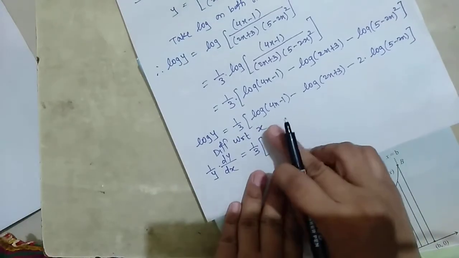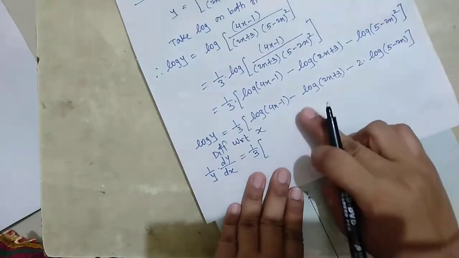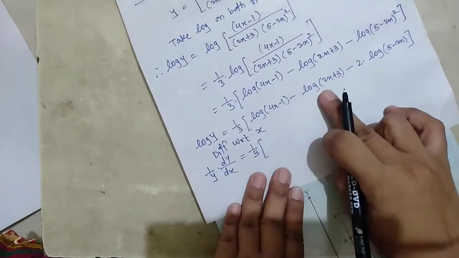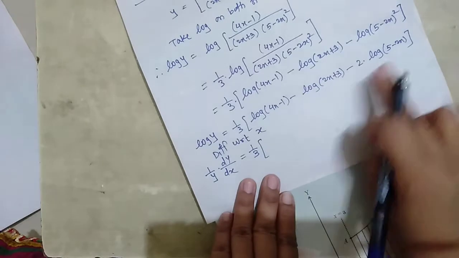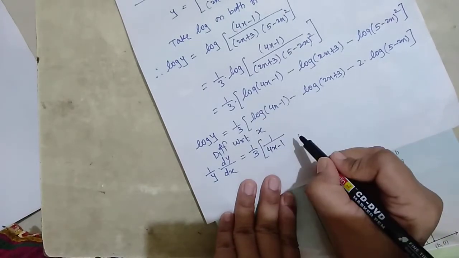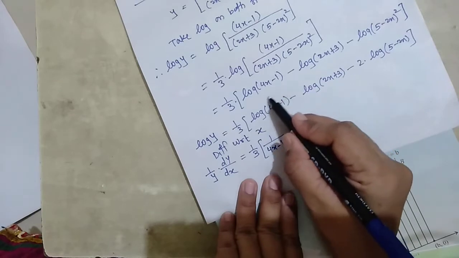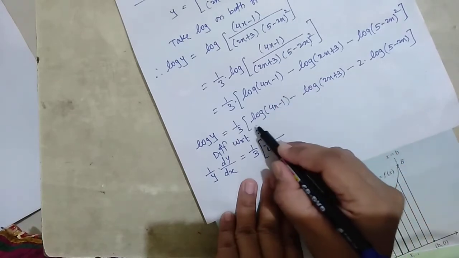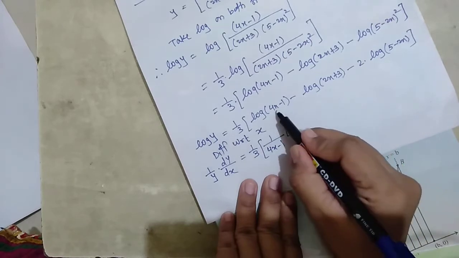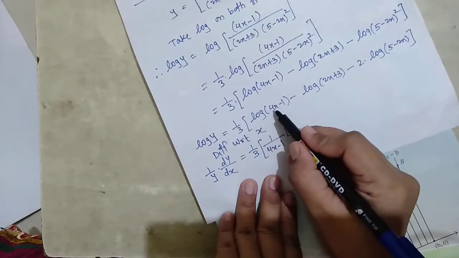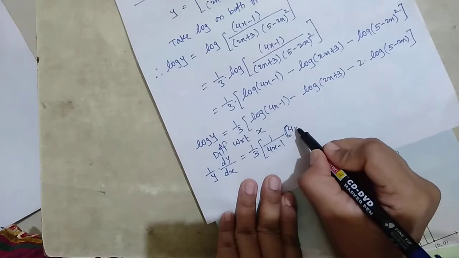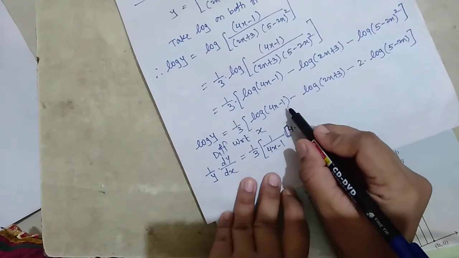See, if you see here, these are the three terms, and in all three terms there is a minus sign. So we will apply the derivative to all the three terms separately. So derivative of log is 1 upon 4x minus 1 into derivative of 4x minus 1. So derivative of 4x is 4 into derivative of x, which is 1, minus 0.